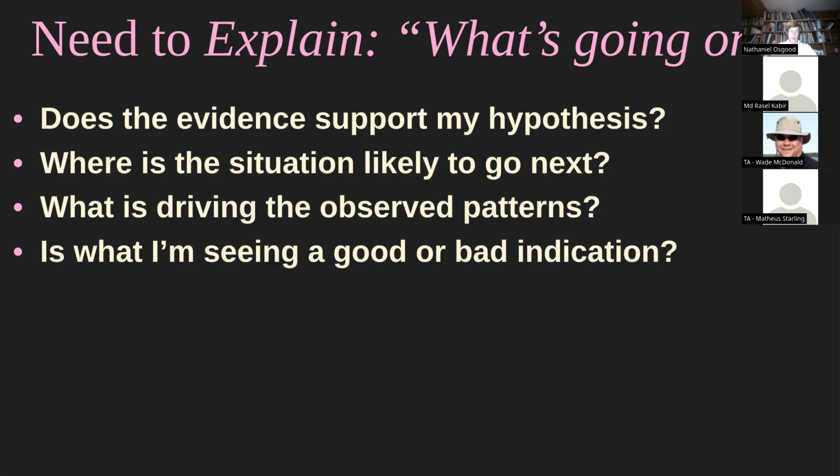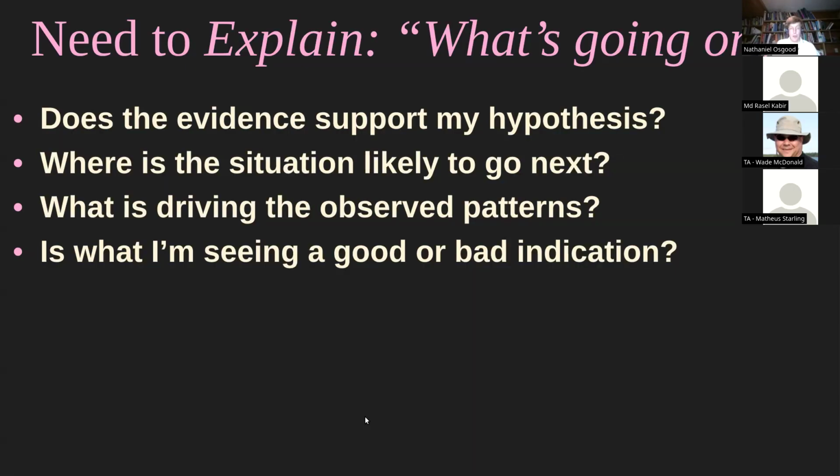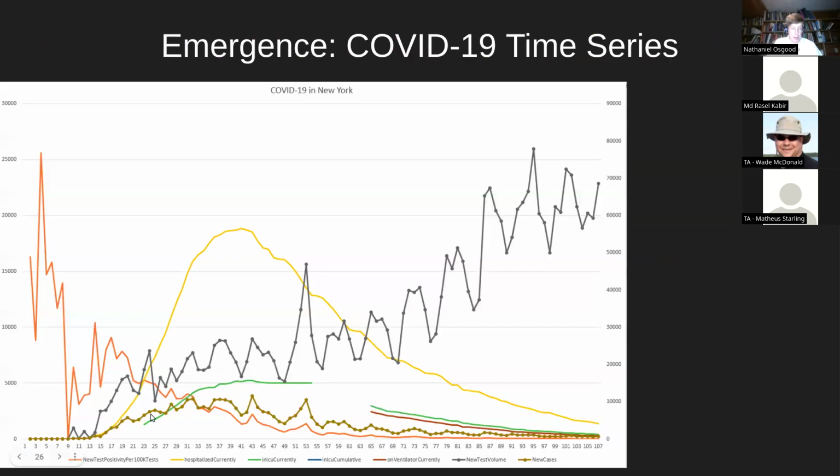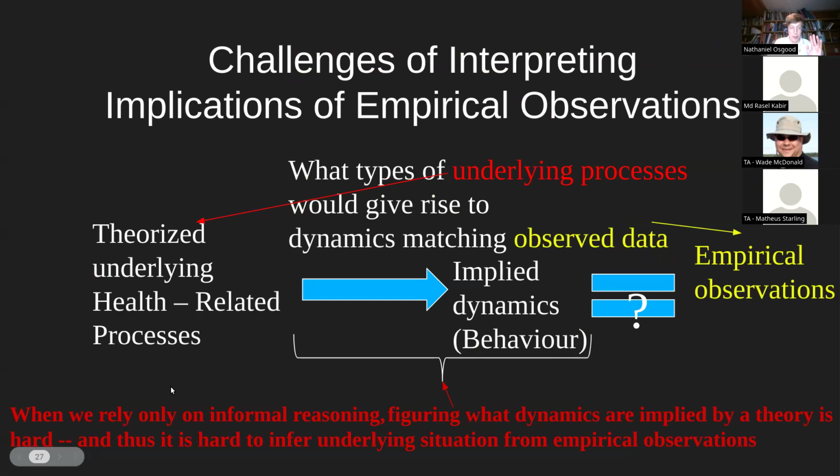So if you want to understand the situation in the world, does the evidence support a hypothesis that an outbreak is coming under control? Is this situation likely to worsen next or get better? What's driving these patterns? Is it predominantly a matter of testing that these new cases arise? Is that a bad or a good indication?